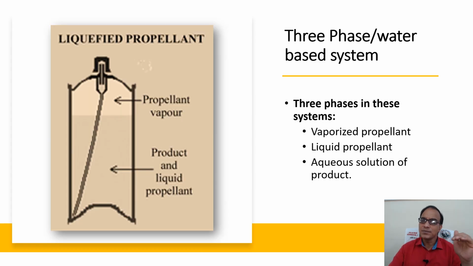What are the three phases actually there? Number one, vaporized propellant. Number two, liquid propellant. And number three, aqueous solution of product. As you know these three phases, the mixing of the drug in the propellant system, whether liquid or vapor, is very crucial in these three-phase water-based systems.